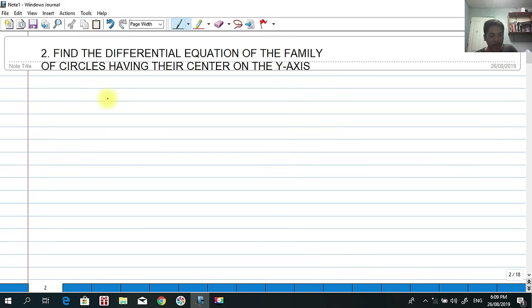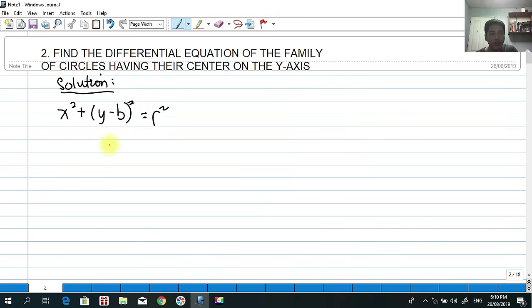As we all know, the standard form for circles, since they have their center on the y-axis, should be x squared plus y minus b, let's say that the center is b, squared equals r squared. So this is the family of circles that has center on the y-axis.